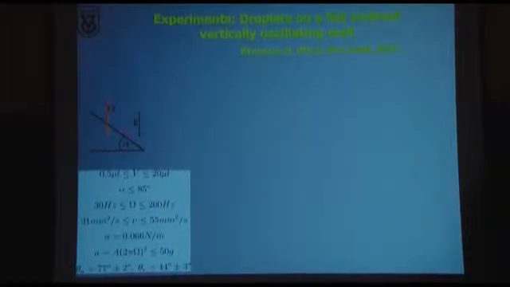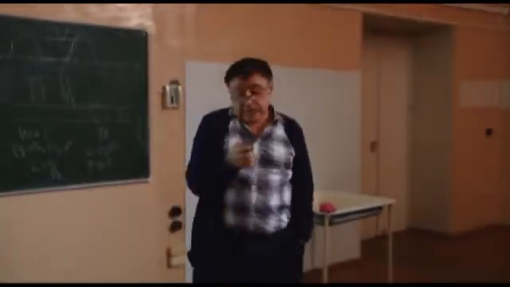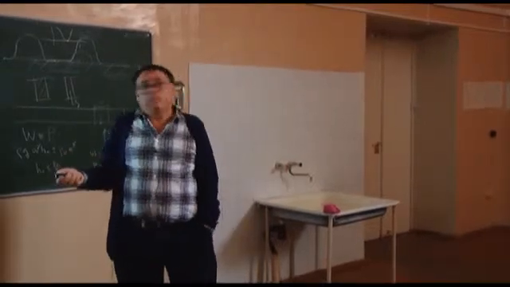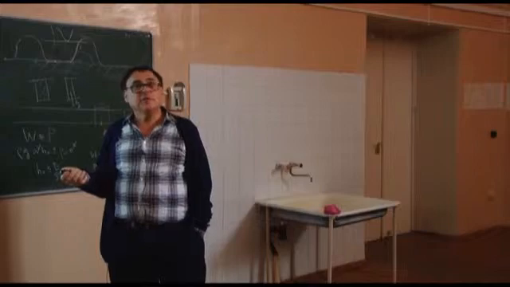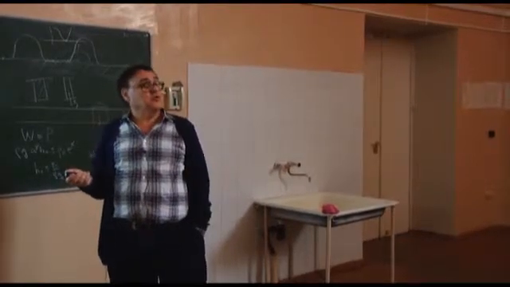Real life experiment. So no expectations? What do you think? It may go down. Well, that's definitely a possible scenario. Is there any other possible scenario? It stays, yeah, sure.